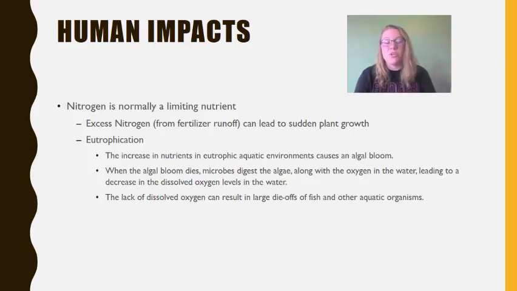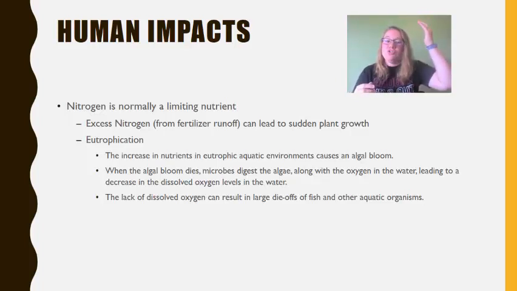Well, the problem is when you do not have very much oxygen remaining in that waterway, other organisms, particularly small macroinvertebrates and fishes, are not able to survive. So we start seeing a die-off of all sorts of other organisms. Now this is pretty bad.